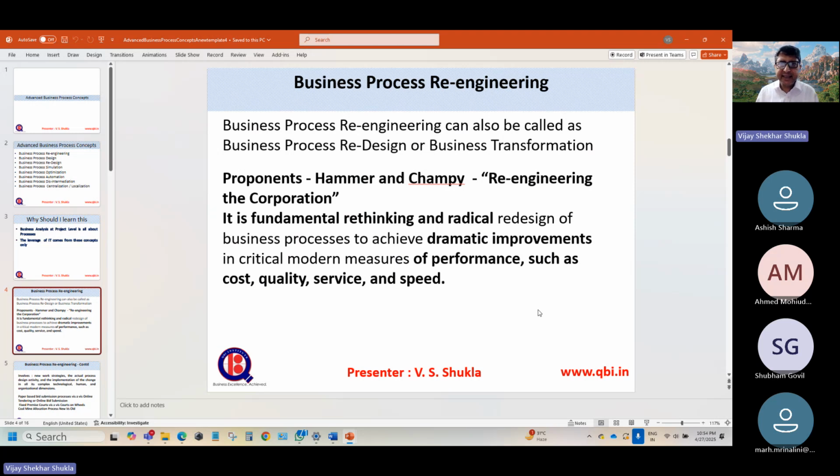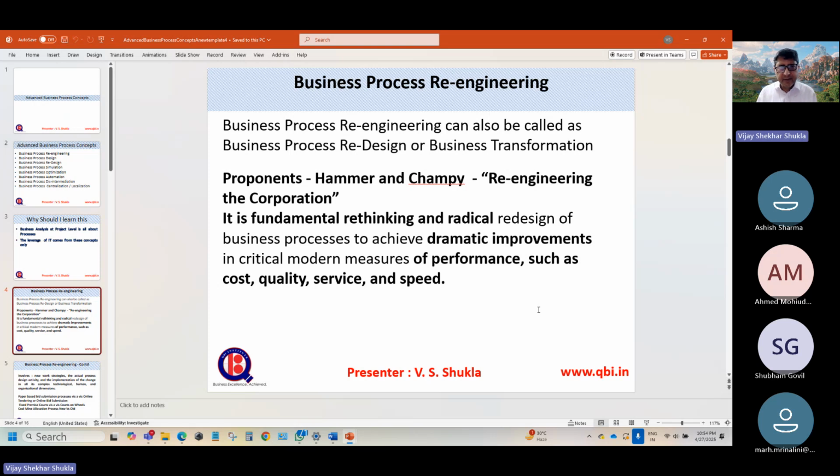Business process reengineering can also be called business process redesign or business process transformation. In the early and mid 90s, Professors Hammer and Champy came up with the book Reengineering the Corporation.